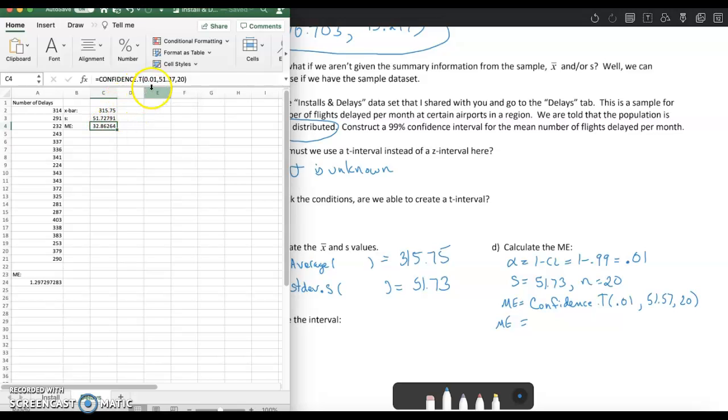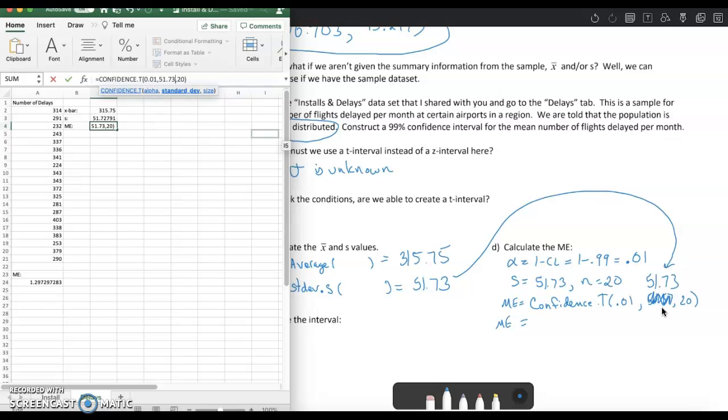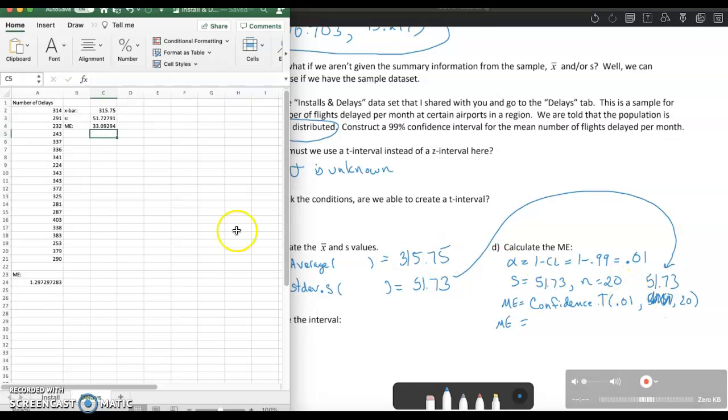Oop, I knew I typed in something wrong. Did you catch it before I found it? I typed in 51.37, and I wrote it wrong everywhere. It should be 51.73, not 37. So I'm going to change that here. I just had an accidental mistype there. Okay, that should be good now. Okay, that's what I expected. So 33.09.